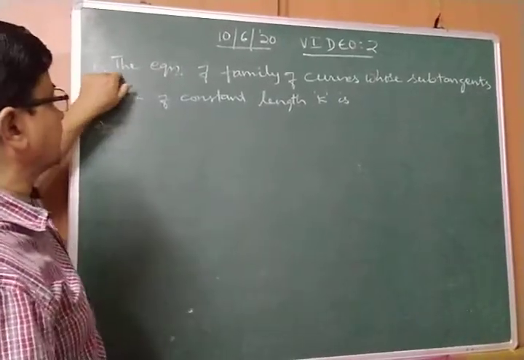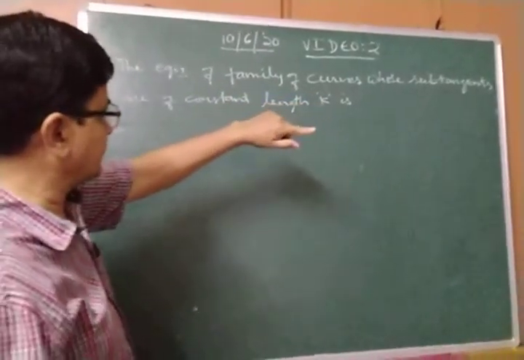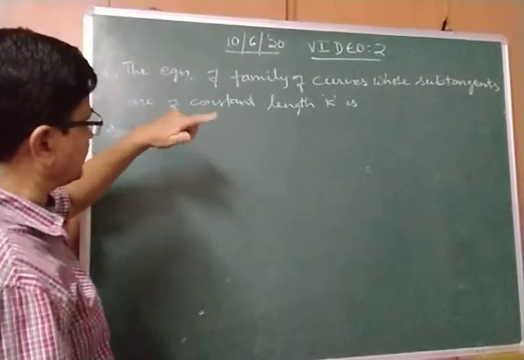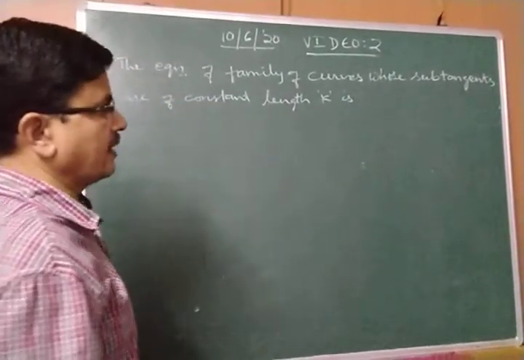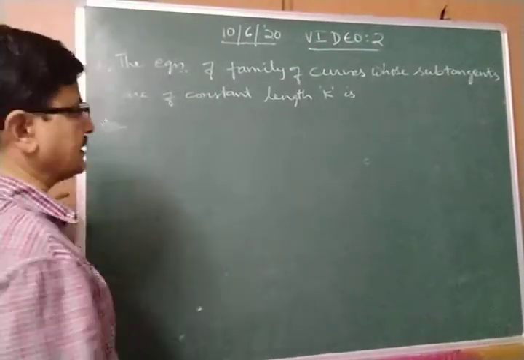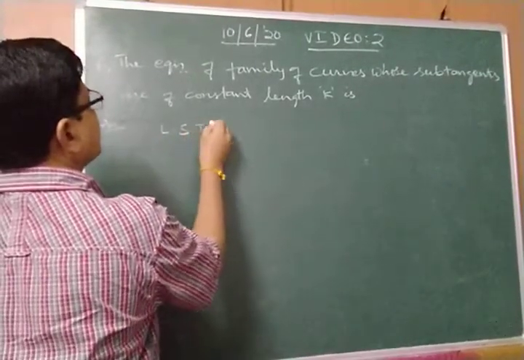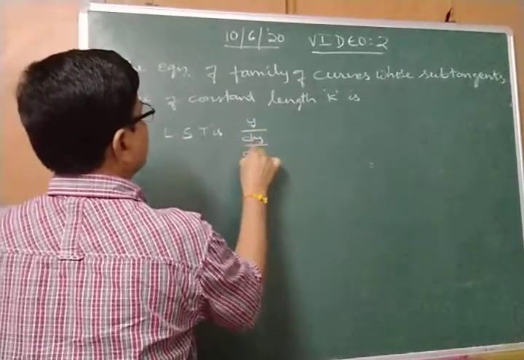Question number 6. The equation of the family of curves whose subtangents, meaning the length of the subtangents, are of constant length k. The formula for the length of the subtangent is y by dy by dx.